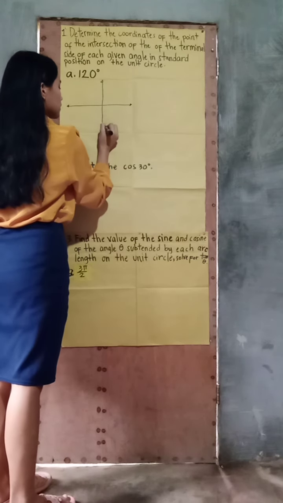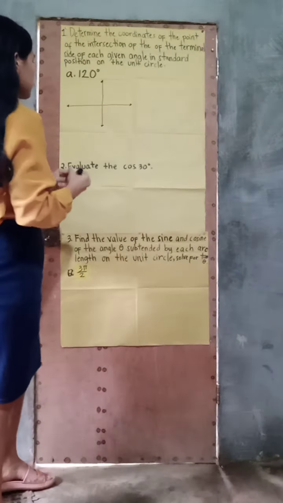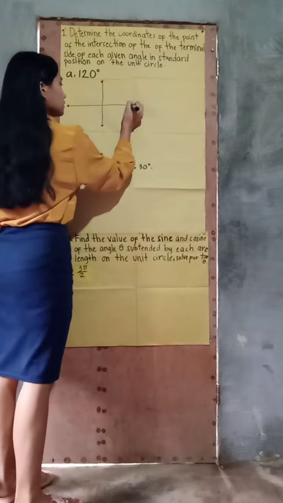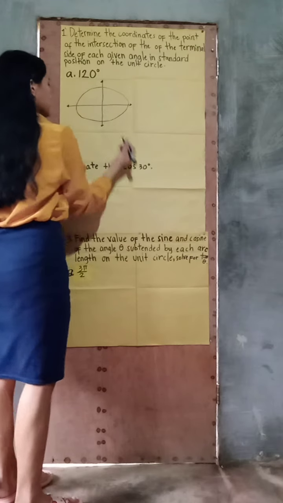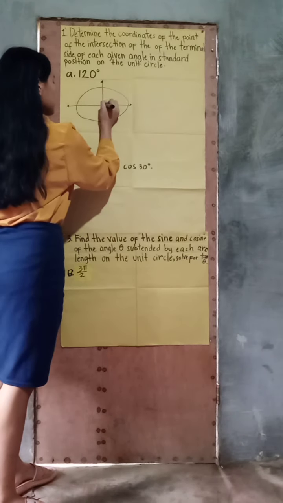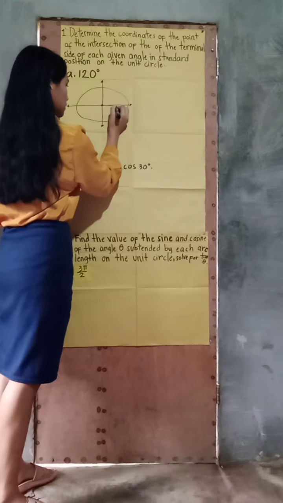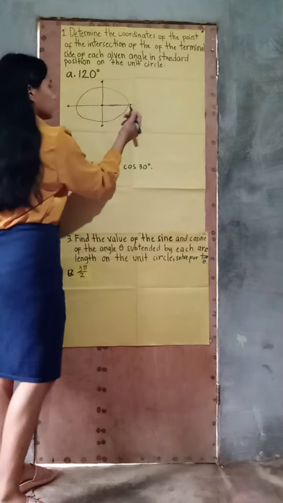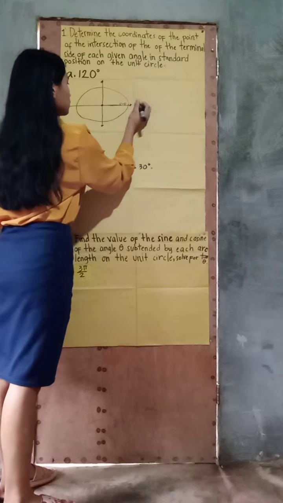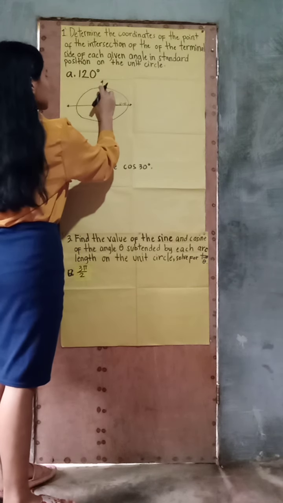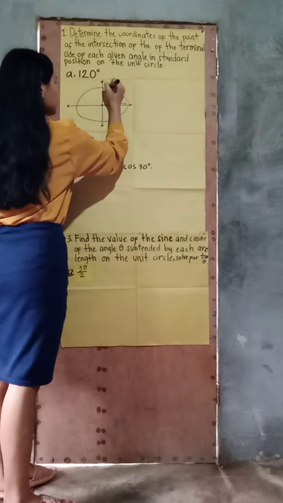Remember that a unit circle is a circle having a radius of 1. Let's say that this is the center of the unit circle, and from this point, the coordinates are 1, 0, and at this point the coordinates would be 0, 1.